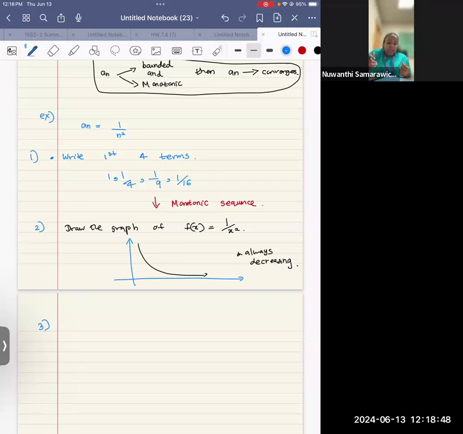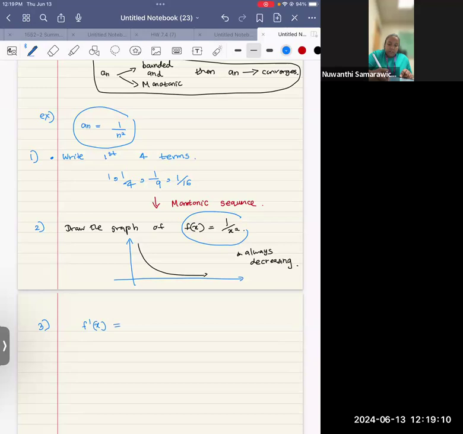But the third one is that the sequence n-th term looks like a function, so you can check the first derivative of the function.